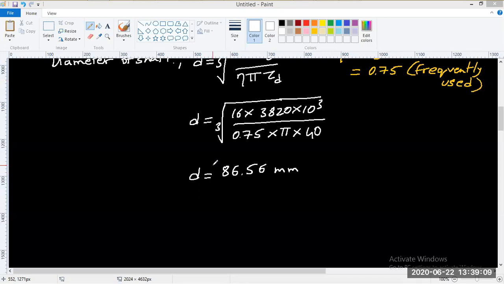And now let's look at the table for extracting the dimensions of the key.